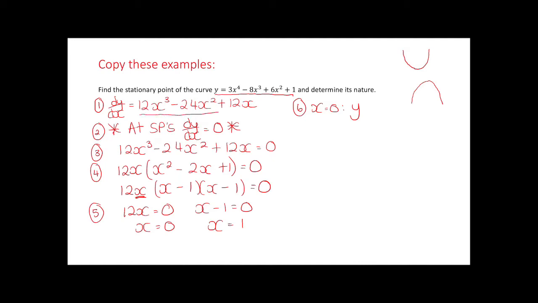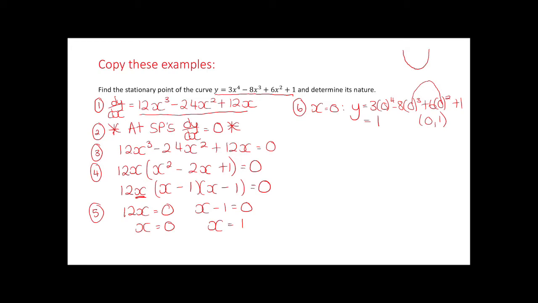This derivative is only there to help you calculate your x values. Once you've got your x values, you can then go back to this to find your y values. So we've got 3 times 0 to the power of 4 minus 8 times 0 cubed plus 6 times 0 squared plus 1. All of that would cancel out to 0 with the exception of that 1. So we've got a coordinate of 0, 1.